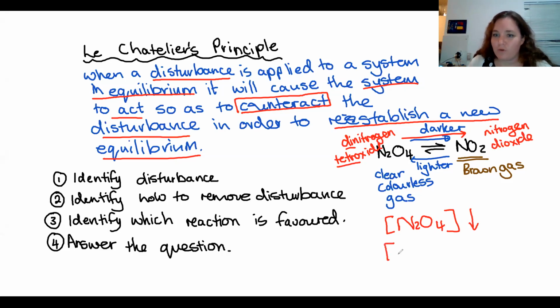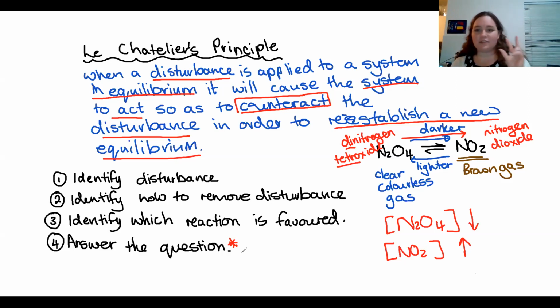If we favor the forward reaction, the concentration of nitrogen dioxide will go up because we're making it. So the answer to the question at the end is just a reminder from me that you mustn't say forward or reverse reaction is favored and leave it there. You're going to miss the point of what you're trying to put together. All right. I hope that this makes good sense, because we're now going to go into the 3 factors that affect equilibrium, and then look individually at each of them.